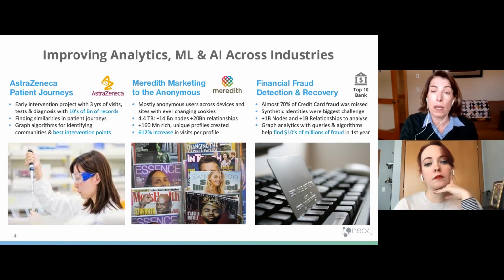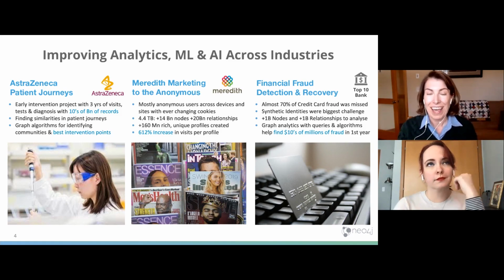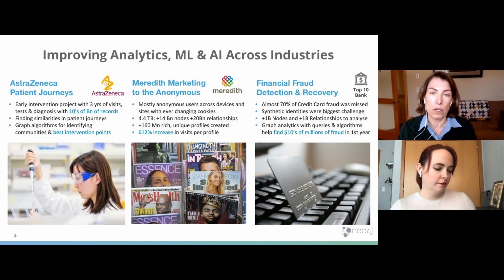Maybe they have a tendency to prefer outdoor magazines, or maybe articles about cooking. And using that kind of rich profile, they were able to increase the visits by over 600% of anybody with those profiles they were able to create. So very good results from using the Graph Data Science library.